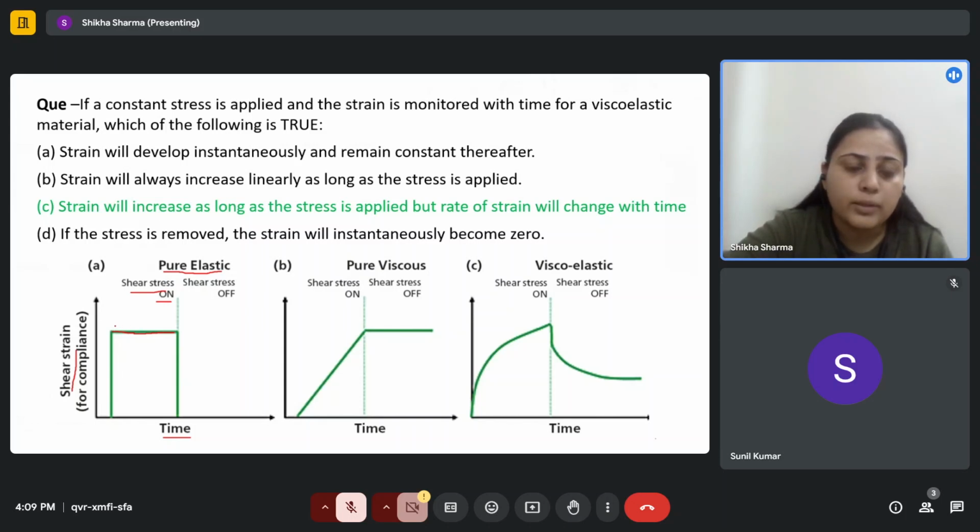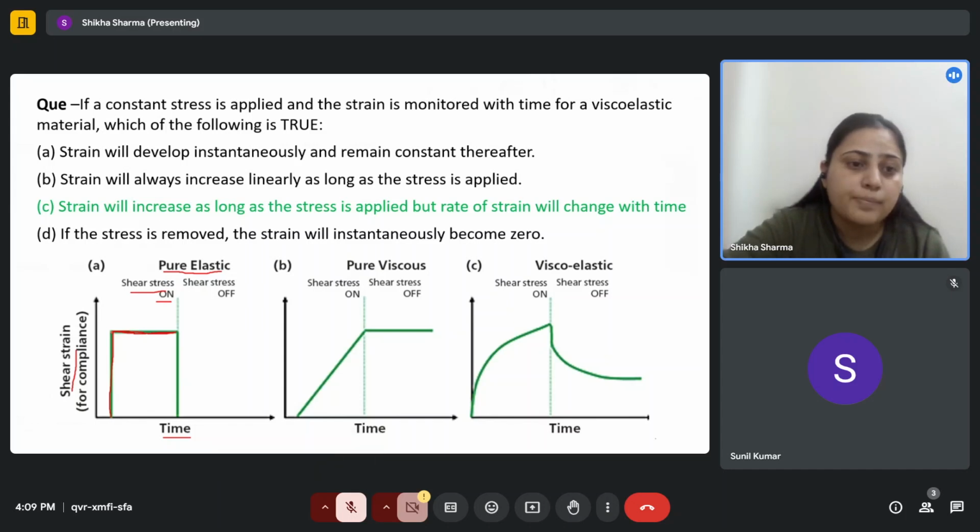If we are holding the stress for some time, from here to here, our strain is also there, and it comes instantaneously. When the stress is applied, strain develops as early as possible. There is no time lag, right?